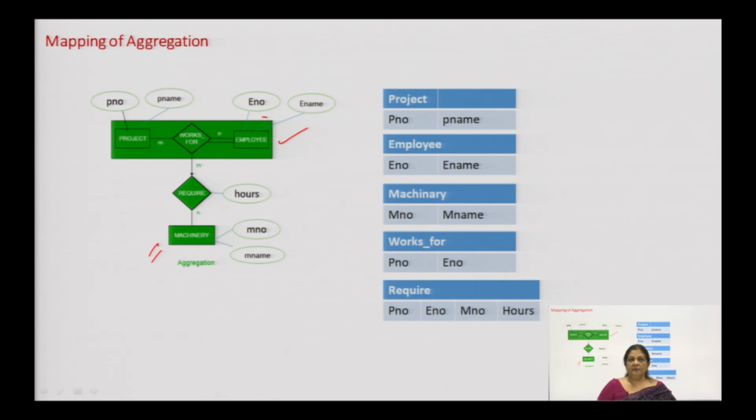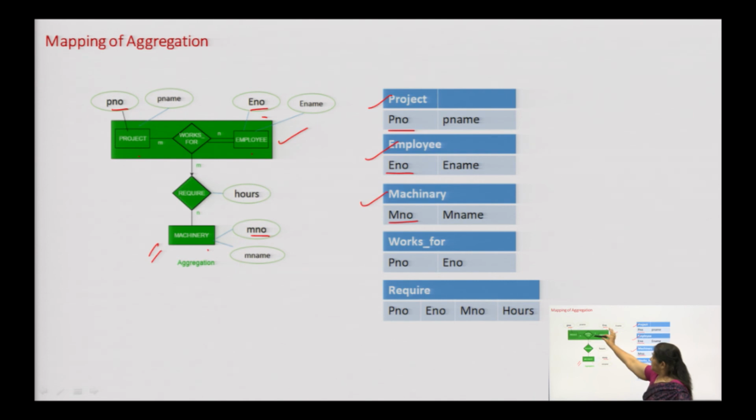Now, to map the aggregation into the relations, for each of the entity types that exist, we will simply use them as regular entity types. So, project is PNO, PName, employee is ENO, EName and machinery is MNO, MName with the respective keys.